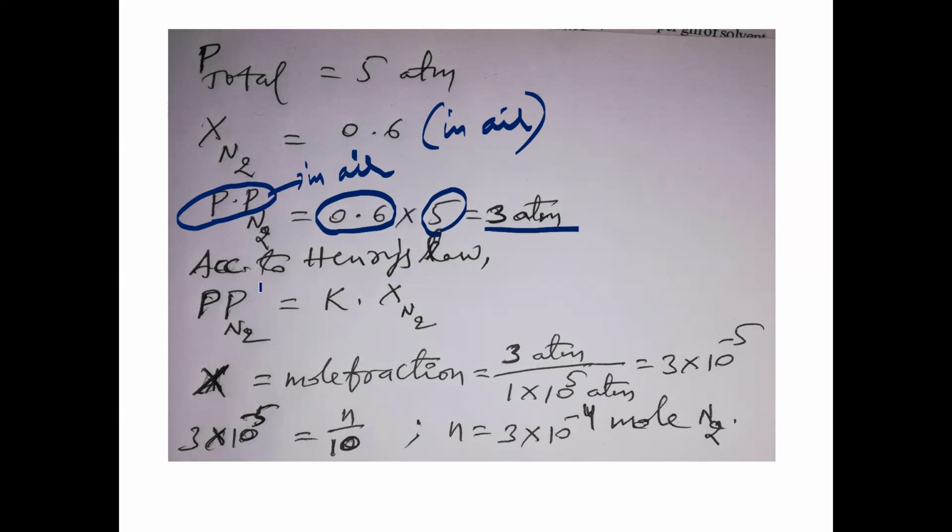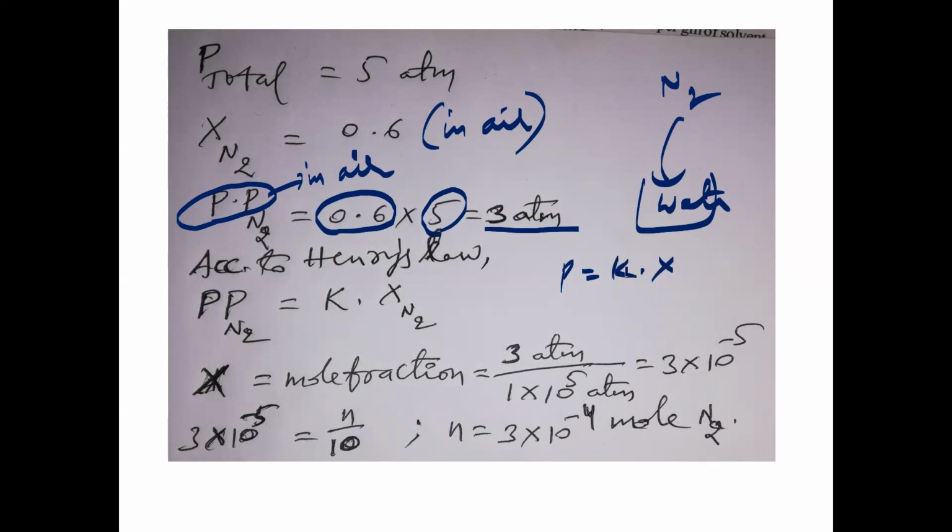Now, according to Henry's law, when you dissolve the gas in water, what do we dissolve? Nitrogen gas. The partial pressure of nitrogen is 3 atm. According to Henry's law, the partial pressure P is equal to KH times the mole fraction.